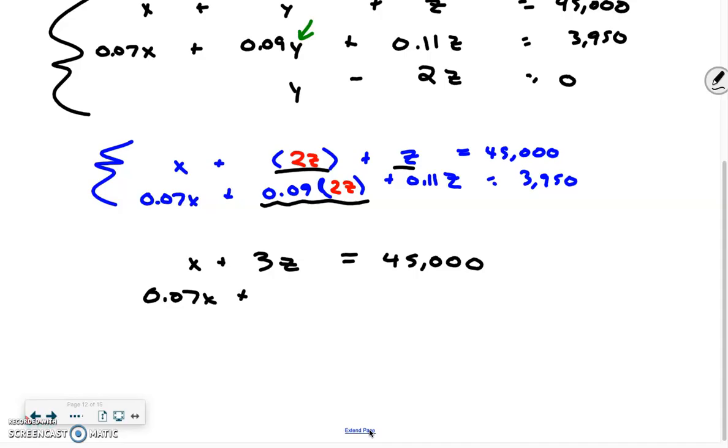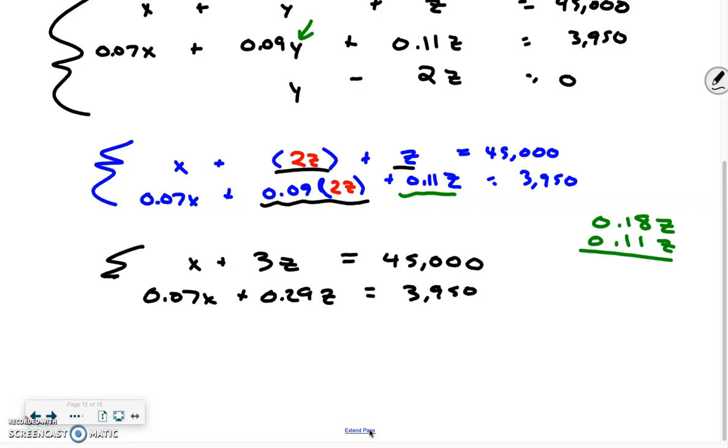What do I get when I take 0.09 times 2z? It's going to be 0.18z. Agree on that? Now if I'm going to add 0.11z, what's my total? We have 0.29z equals 3,950. And this is the system that we're going to go ahead and solve.